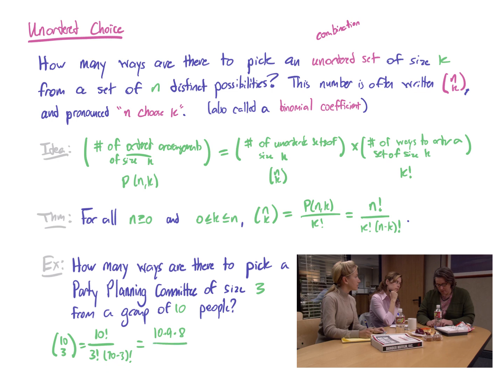And then on the bottom, I have 3 times 2 times 1. And the result is 120. There are 120 possible compositions of the party planning committee. So using binomial coefficients, we can solve problems related to unordered choice. We can figure out how many ways there are to choose a group of size k from a set of n possibilities.